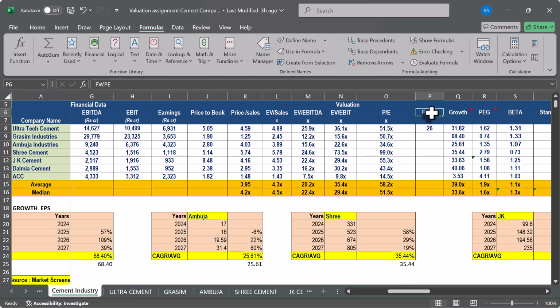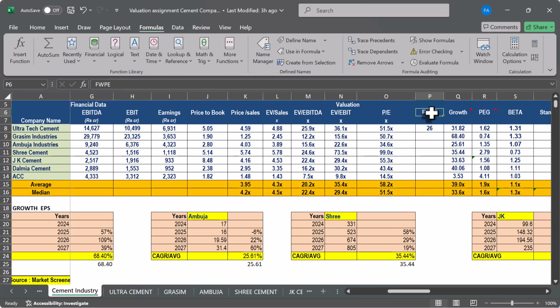Because they think the future is good for the company and it is going to show very good profits. So instead of taking the current year profits or the trailing 12 months profit, we take the profits of 2027 or 2028 and calculate the PE ratio again. Then we compare the forward PE ratio of all the companies in the pack and find out which is the cheapest company based on 2027 profits.